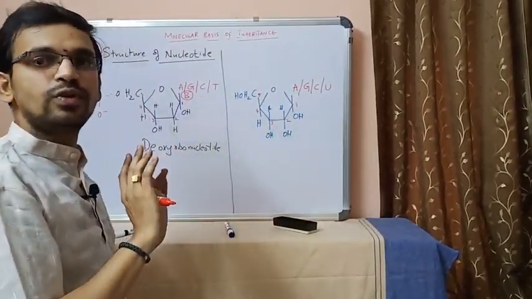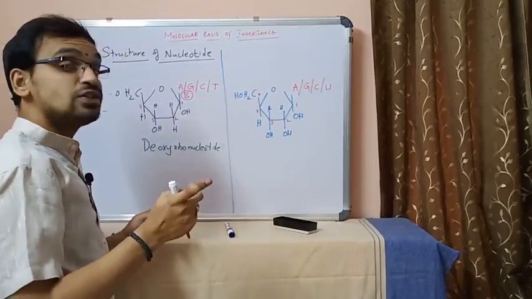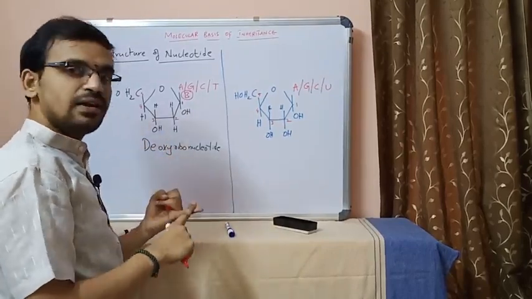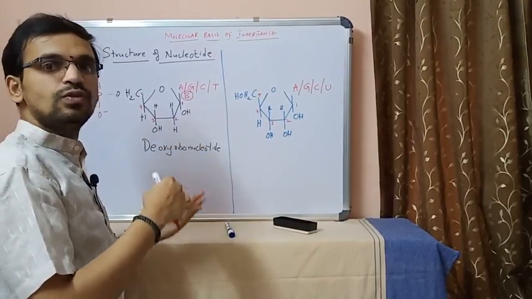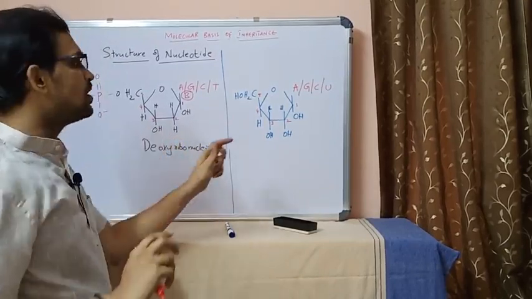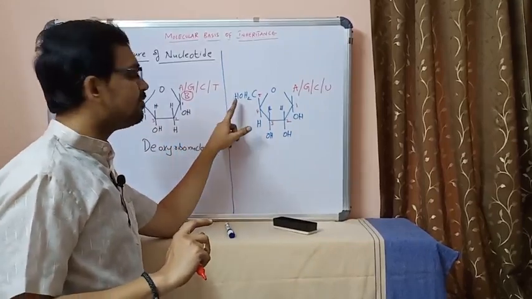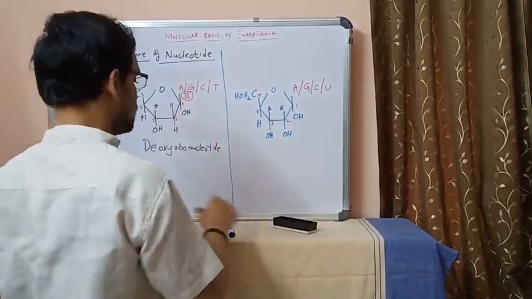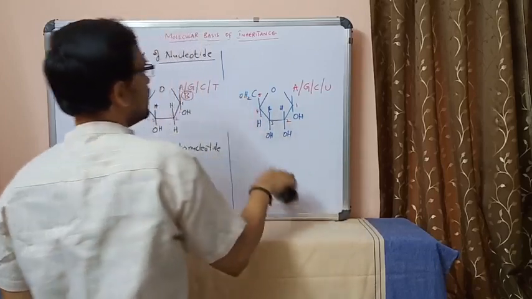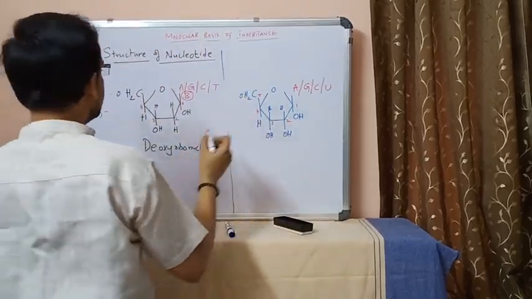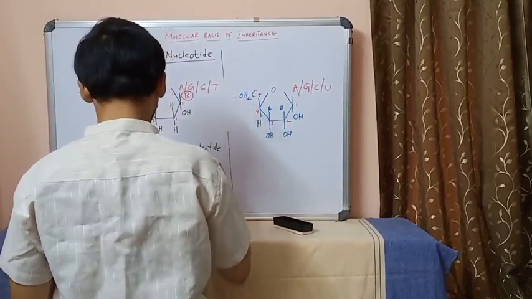Now it is a nucleoside. So what is nucleotide? Sugar, base, phosphate. All three can be correctly called nucleotide. We are discussing nucleotide. So phosphate should be present at the 5th position. So here OH, H is replaced by phosphate.